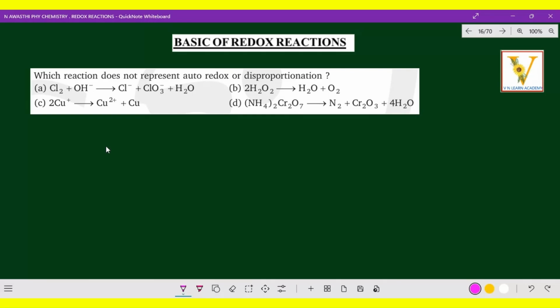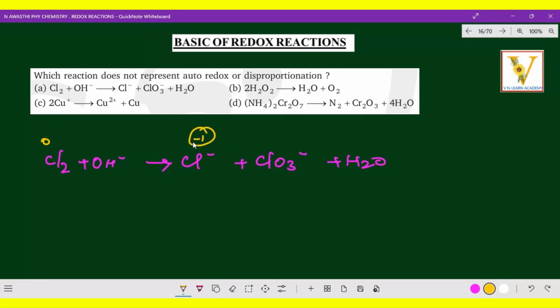Cl2 plus OH minus gives Cl minus plus ClO3 minus plus H2O. In this, Cl2 is in the 0 oxidation state, and Cl minus is -1. In ClO3 minus, the oxygens total -6, so chlorine is +5.